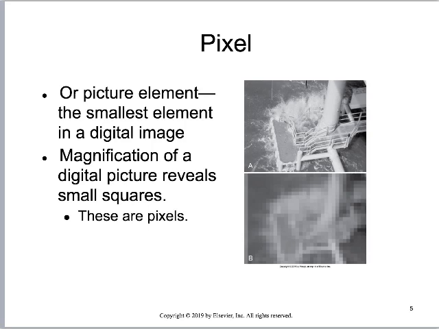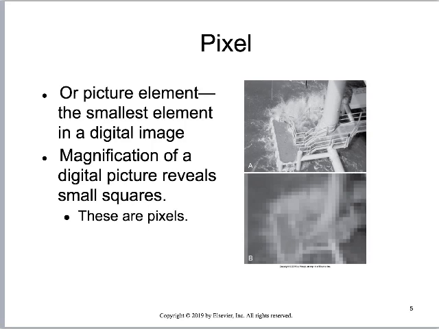Where that's helpful and how this applies to our pictures is that it has to break down the information in the patient's body into discrete units of spatial information. Every part of the patient's body is going to be represented by what we call a picture element. That term's been shortened to a pixel.